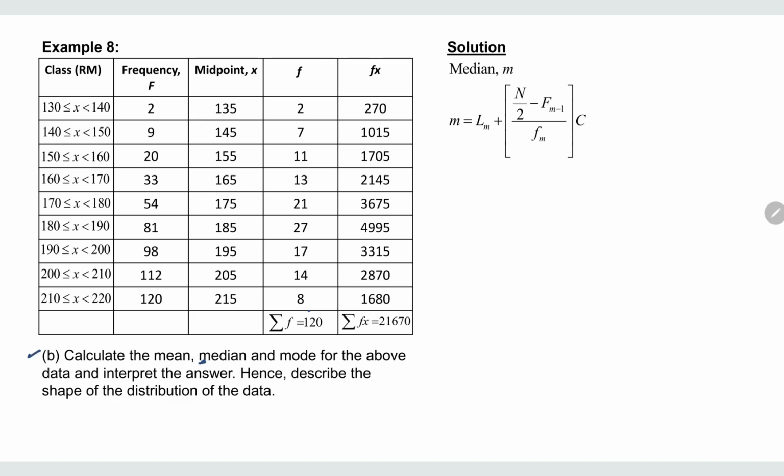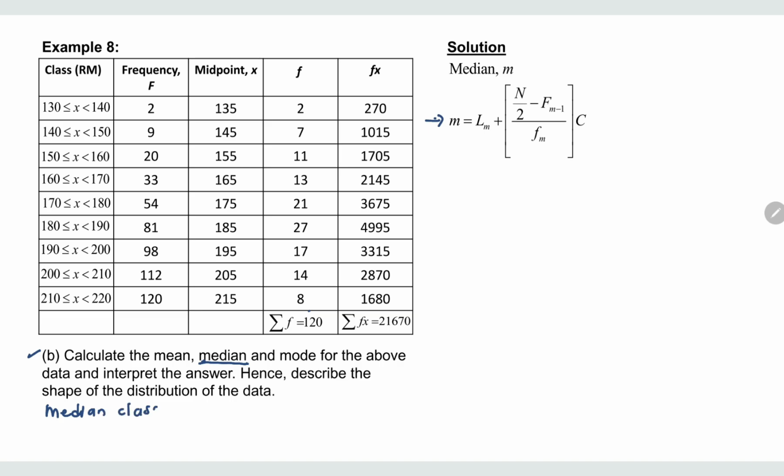Okay, still on question B. Next, let's try to find the median. To find the median, we must use this formula: M equals Lm plus, in the bracket, N divided by 2 minus Fm minus 1, divided by Fm, times C. Before that, we must find the median class.